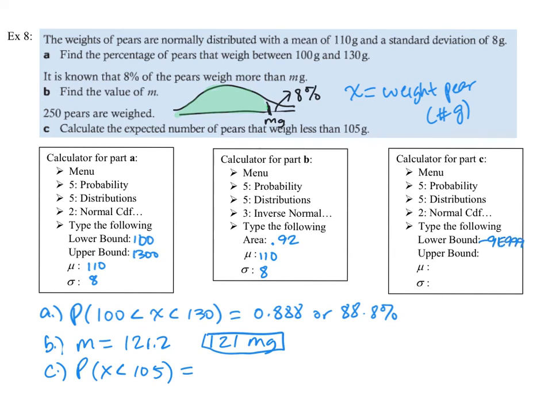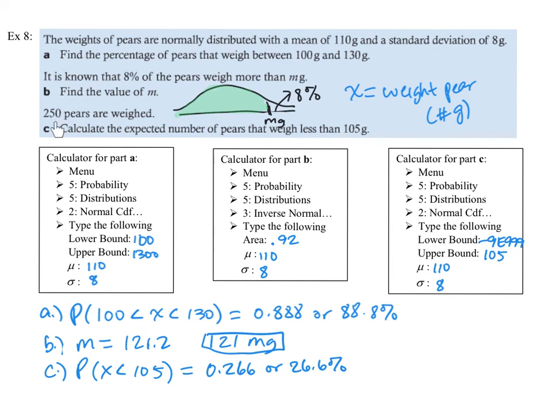That represents a very, very tiny number. And then our upper bound, of course, is 105. And then we have the same mean of 110 and the same standard deviation of 8. So that probability turns out to be 0.266 or 26.6%, but that's not the answer to the question.